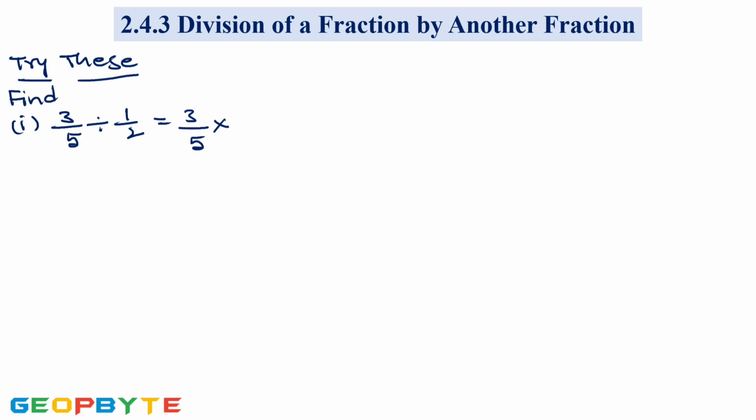So the reciprocal of 1 by 2 is 2 by 1, which is equals to product of numerators, that is 3 into 2, by product of denominators. Product of denominators is 5 into 1, which is equals to 3 twos are 6 by 5 ones are 5. So 6 by 5 is the result of 3 by 5 divided by 1 by 2.